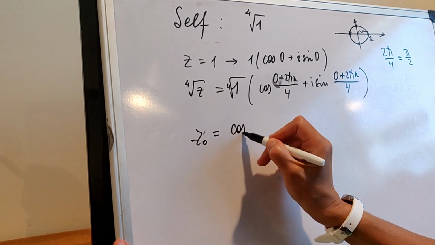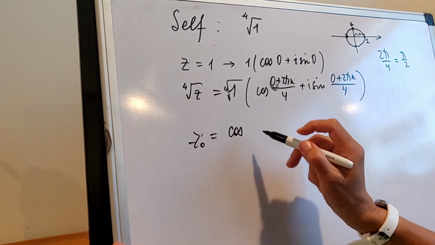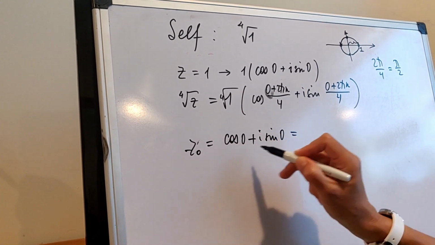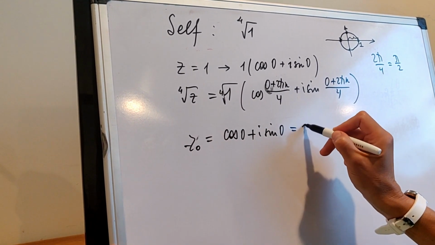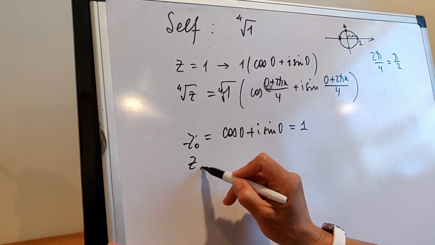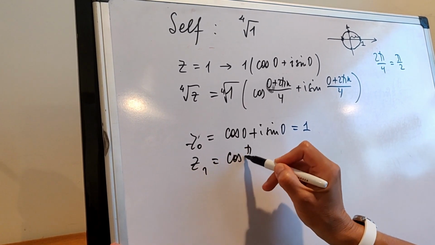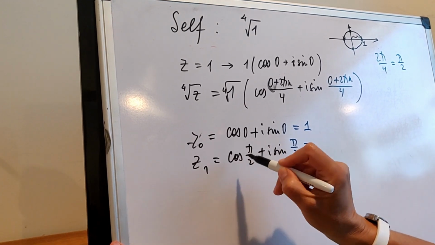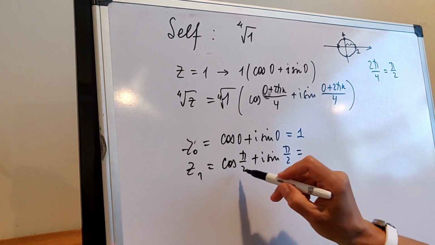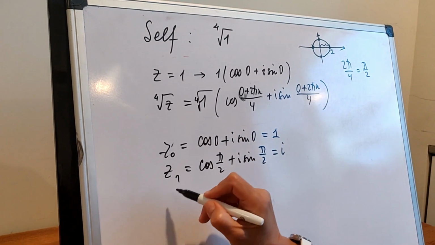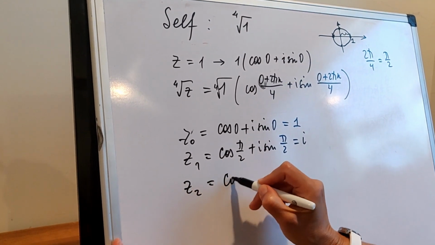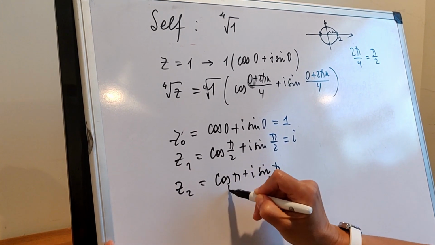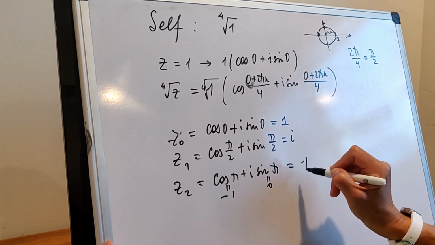z0 is cosine of 0 plus i sine of 0, and because sine of 0 equals 0, it's 1. z1 is cosine of pi over 2 plus i sine of pi over 2, and the cosine of pi over 2 is 0, sine is 1, so it's i. z2 is cosine of pi plus i sine of pi, this one is negative 1, so I have negative 1.